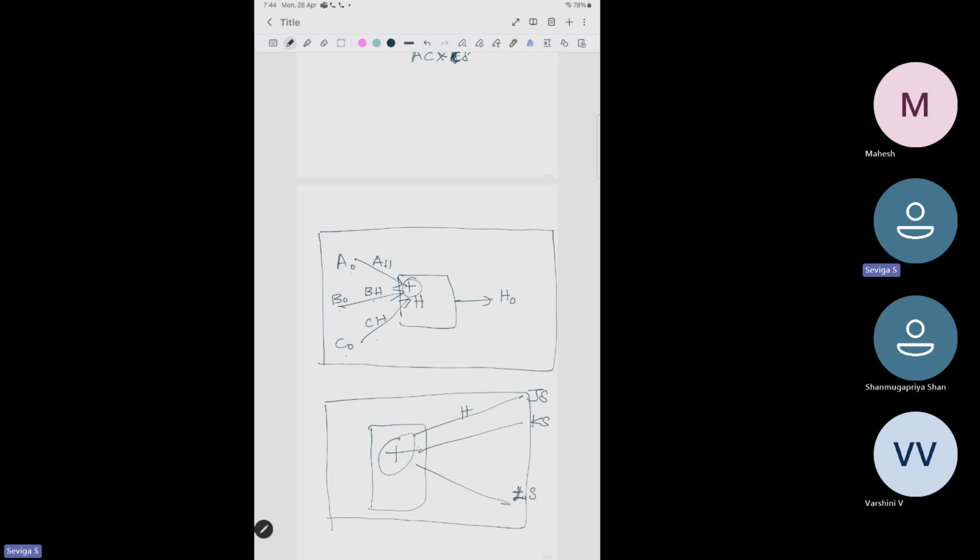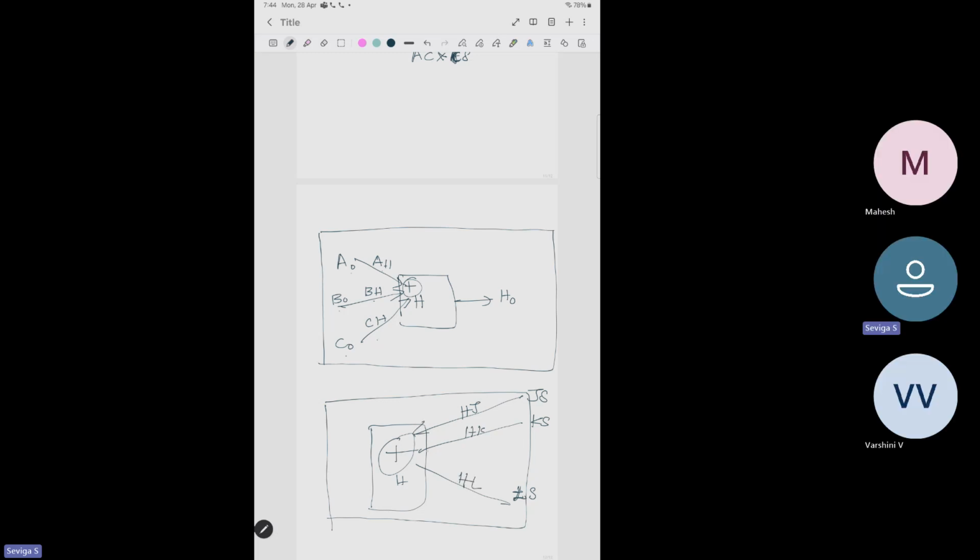These are connected to H by the weights HJ, HK, HL. All these three values get multiplied with the weights and we get the H delta value. So the H delta value is the multiplication of these weights with the incoming delta values, summed over all of them.